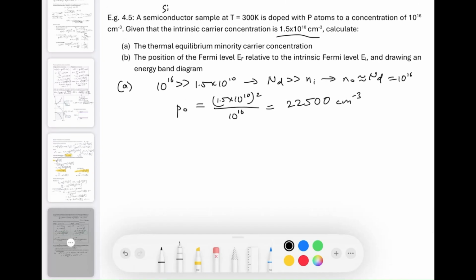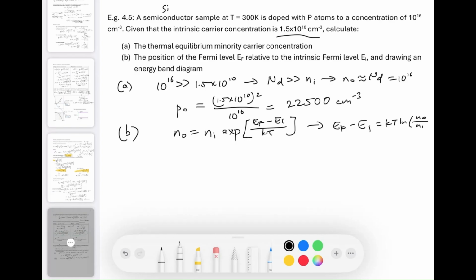Now the position of the Fermi level EF relative to the intrinsic Fermi level EI, and drawing an energy band diagram. Remember earlier we found this equation. From it, you get EF minus EI equals kT ln of N0 over Ni.